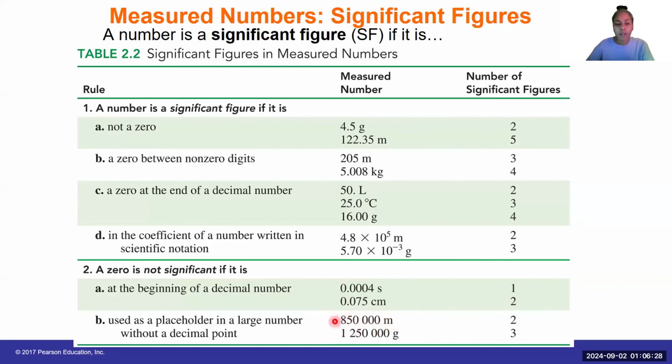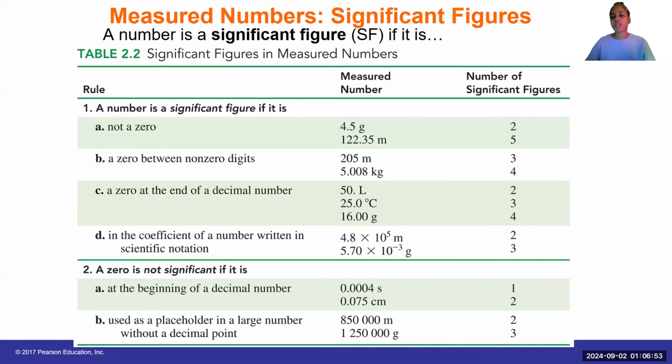But notice there are no decimal places in this value, so only the non-zero digits are significant. The 8 and the 5. That means that my instrument cannot read all of these small values, right? And so any number without a decimal point that has zeros on the end are not significant.